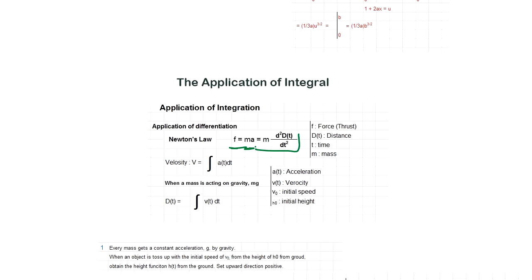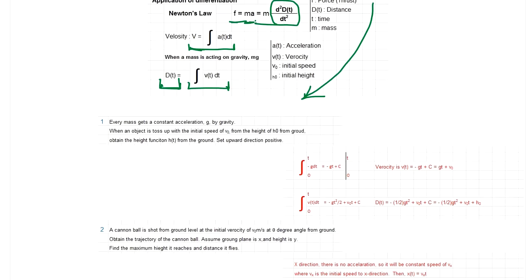The acceleration is the second derivative of the distance function. So to find the velocity, we have to take an integral, and in order to find the trajectory, you have to take an integral again. So we have to take an integral twice to find the trajectory. That's what it is.